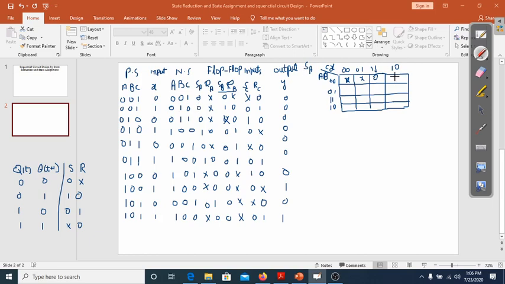So 0010 is 0, 0100 is 0, and for 0101, SA is equal to 1. For 011, this is 1, and for 0110, this is 0.